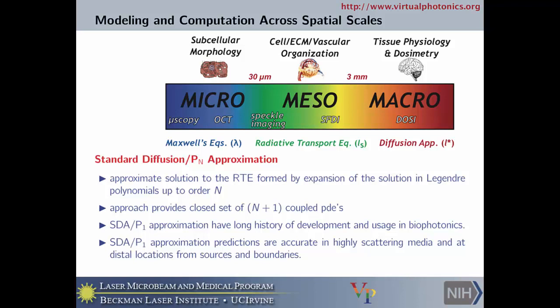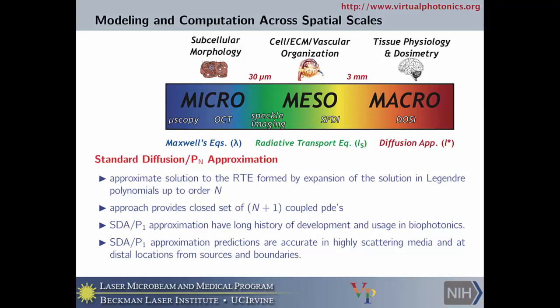In the field of diffuse optics, actually, the simplest approximation, the P1 approximation, which in a spatially, temporally invariant system is the same thing as the standard diffusion approximation, has a long history in biophotonics. The first applications of using light to probe brain, breast, and muscle physiology all relied on the standard diffusion approximation. And essentially, it makes the simplest assumption on the angular distribution of light in the tissue.